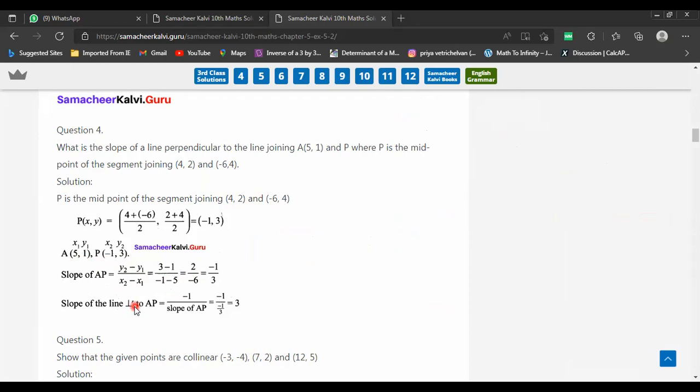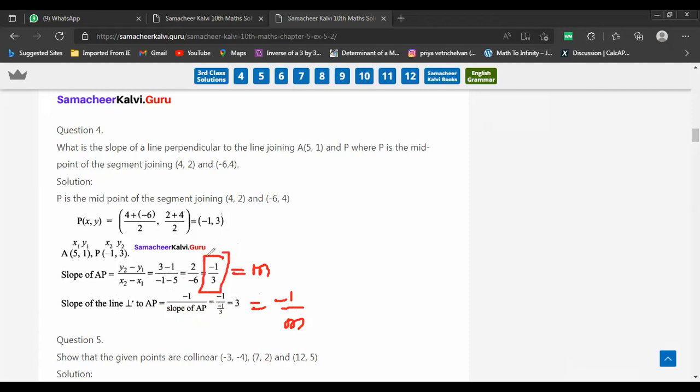But here, the only twist is, they are saying it is perpendicular to the line. So perpendicular slope means it is minus 1 upon the slope of a line. You have to calculate minus 1 by m.